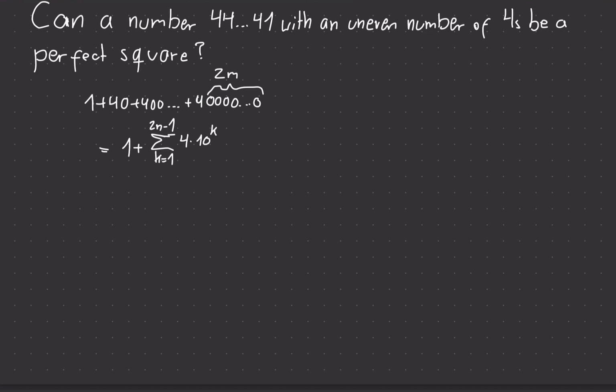Alright, and then 2n minus 1 is the number of 4s, for any n greater or equal than 1.